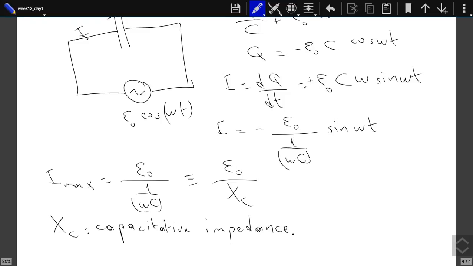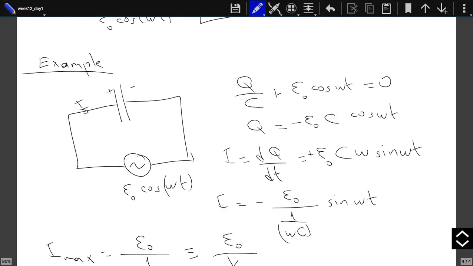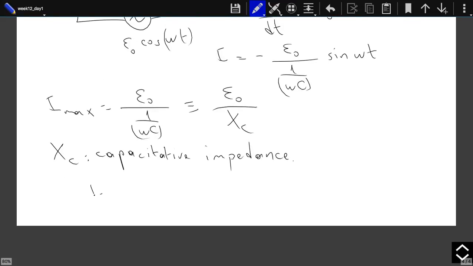Now let's try to write this sine omega t as cosine: minus epsilon 0 over 1 over omega C, cosine of omega t minus pi over 2. You agree?